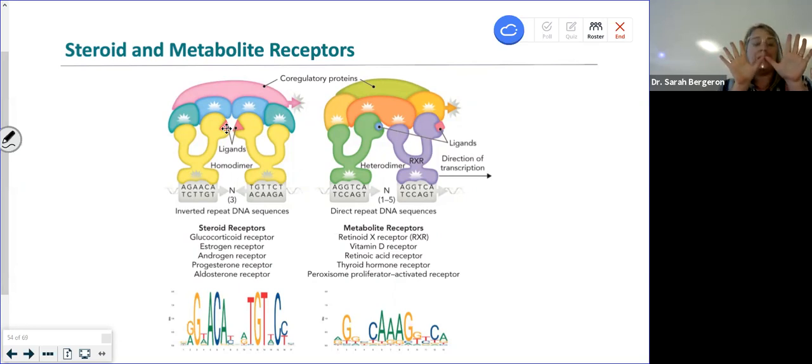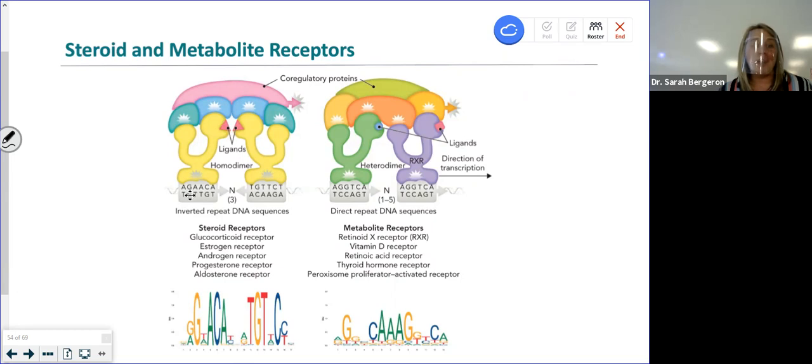So if you think about it, if you have a head-to-head association, it's two transcription factors that work the same way, right? They're homodimers. So they have to recognize the same sequence, but one is in one particular orientation and one is in the mirror image orientation. So if you look at the DNA sequence, it's going to be an inverted repeat.